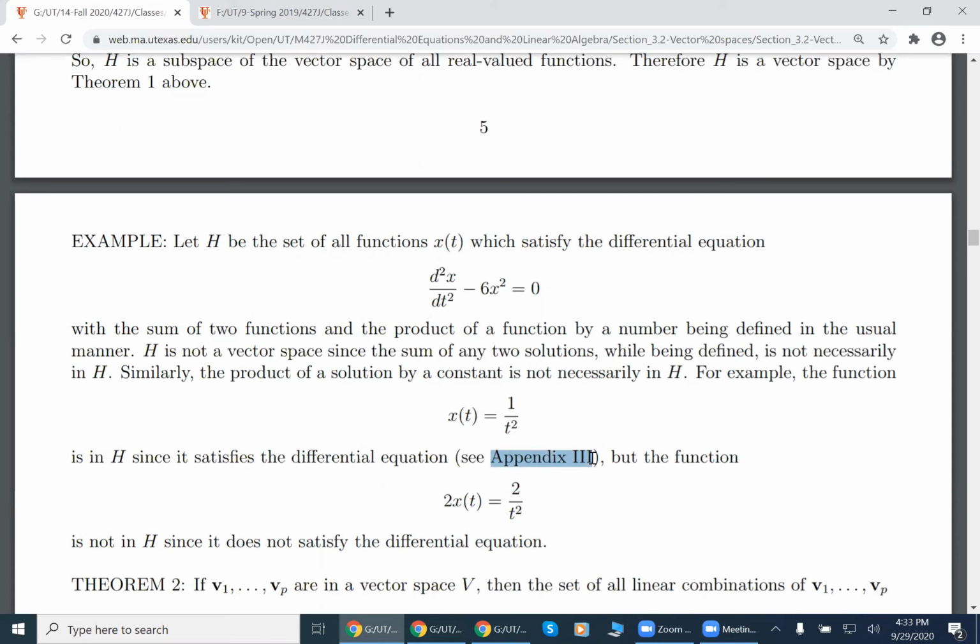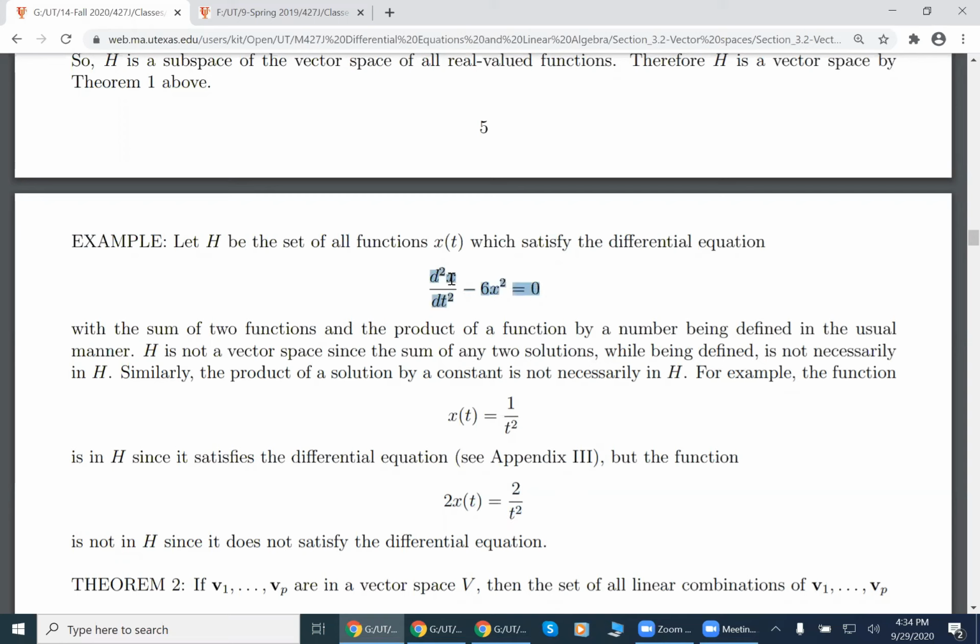In this appendix, I show you how to come up with this solution without guessing, but you don't really need it. Most important thing is, it is easy to check that 1 over t squared is a solution. You just replace x here and x here by 1 over t squared, take second derivative, simplify, you'll get 0. However, one can check that 2 times x, which is 2 over t squared, is not a solution of this equation.